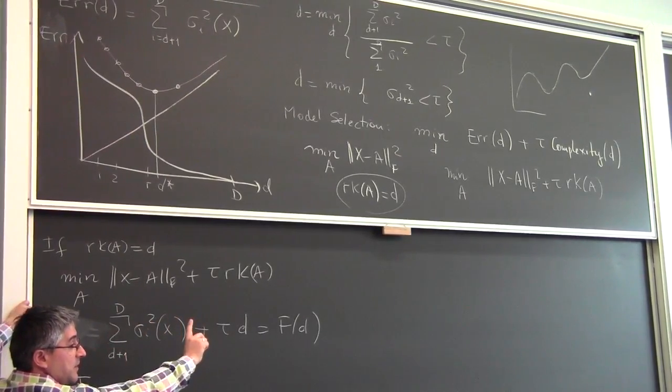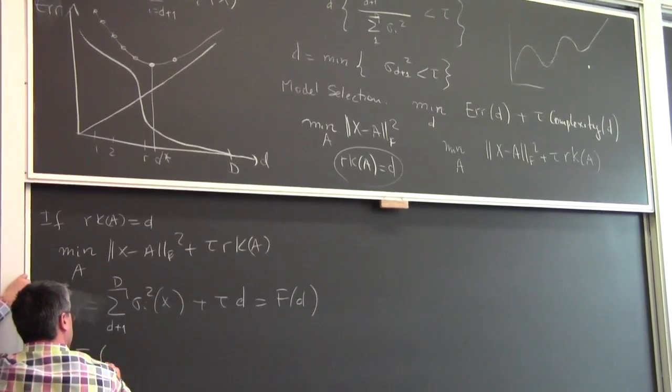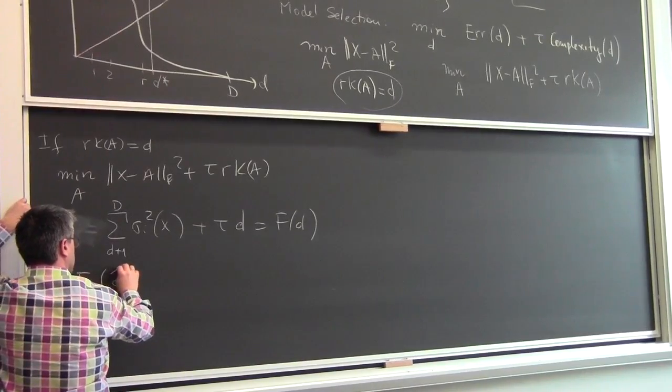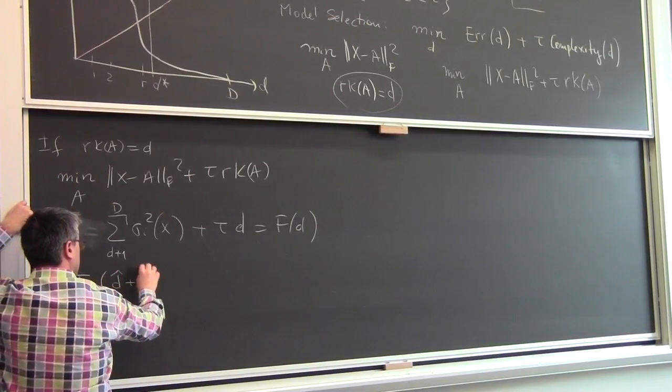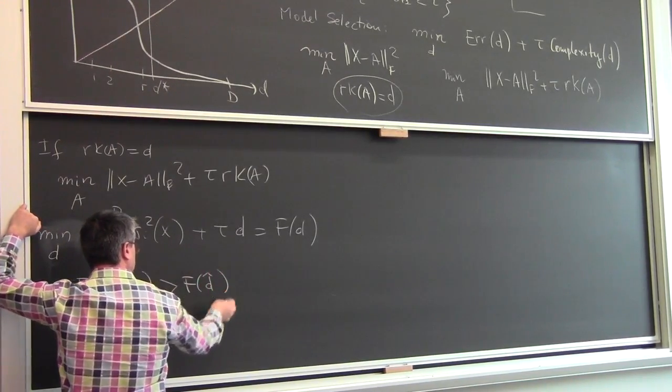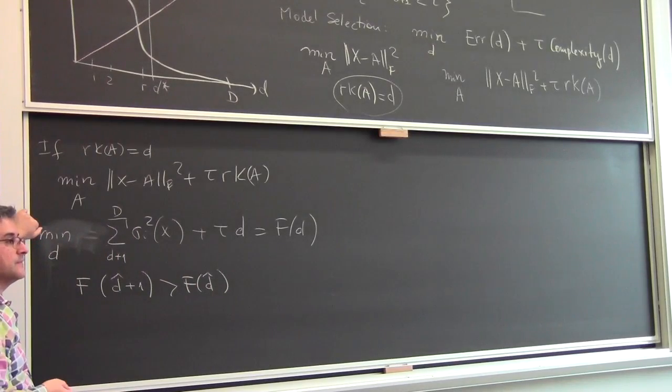If I increase the rank by 1. So what needs to happen is that f of the optimum plus 1 needs to be bigger than f of D hat. That's how I find the optimum D hat. It's the first time that the error goes up.